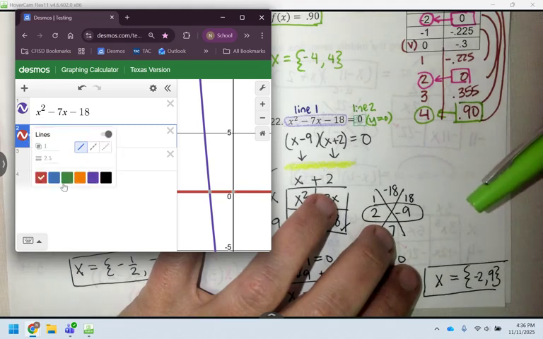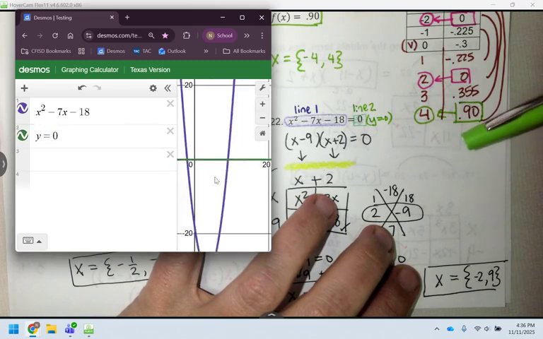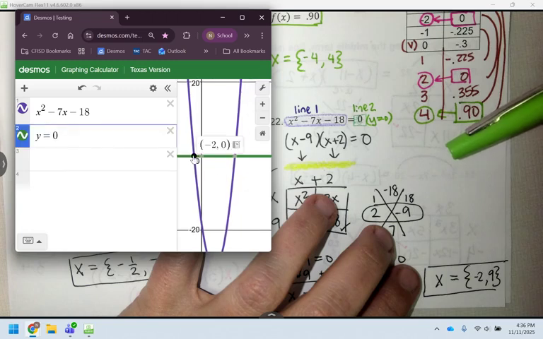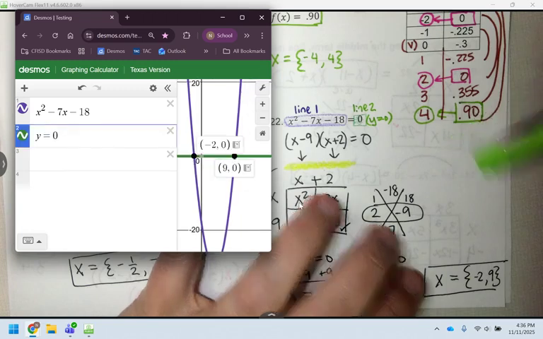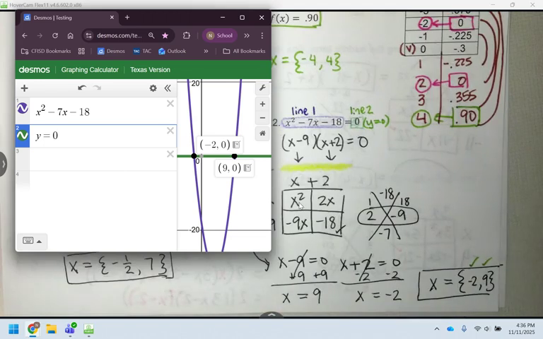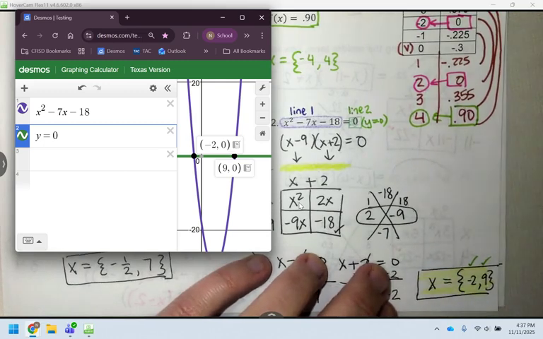Make this green. All right, so our solution is where these two intersect, and we get negative 2 and 9. Is that what we got? Negative 2 and 9. So we did get the right answer, comparing our equation that we started with to our answers.